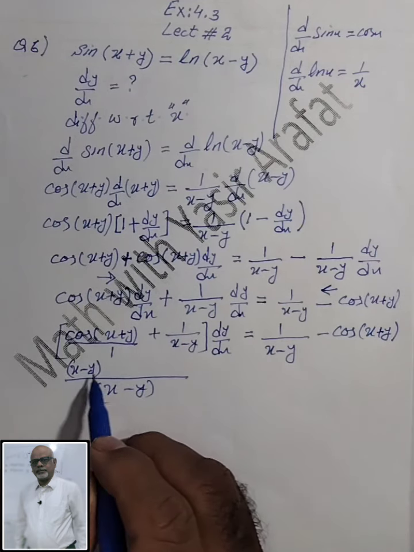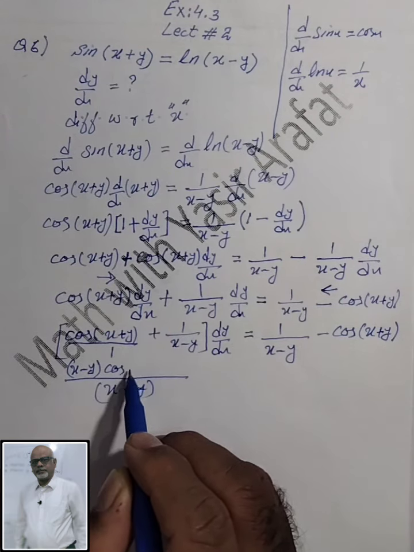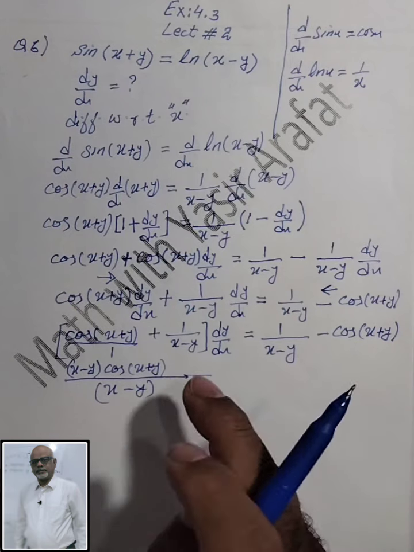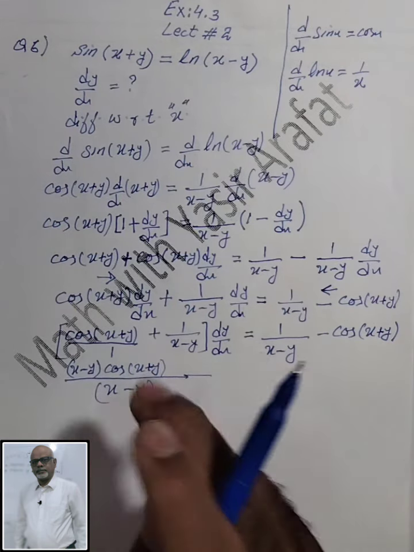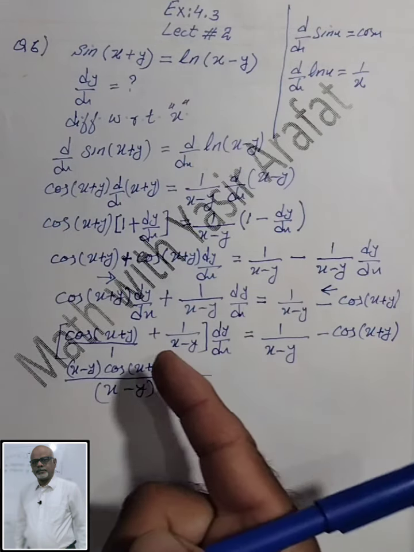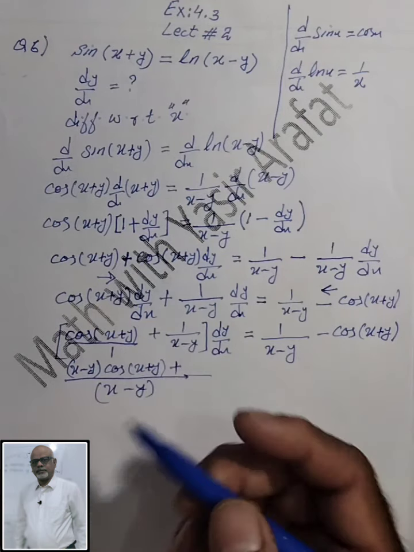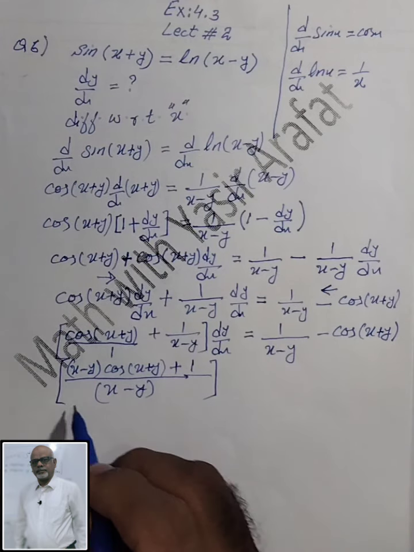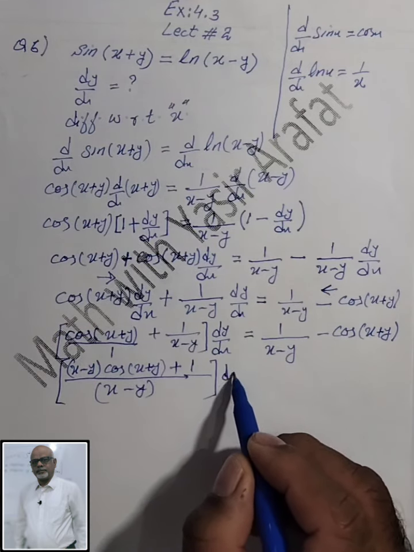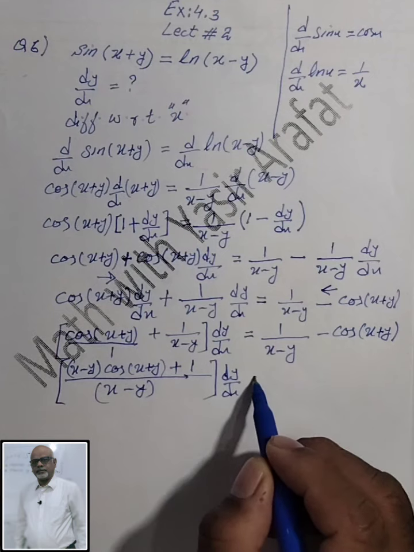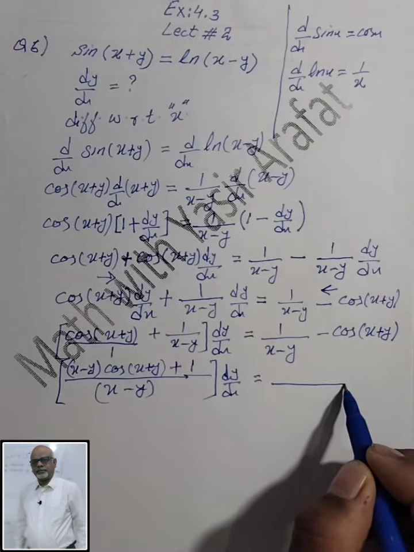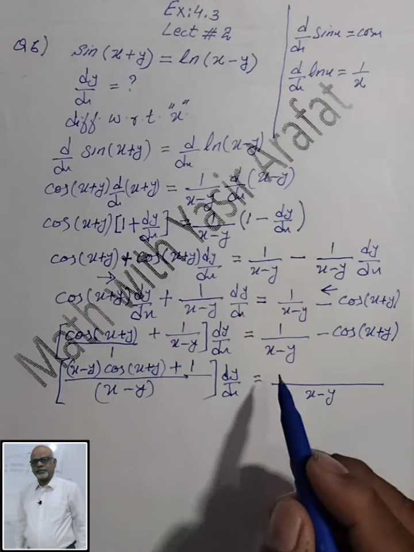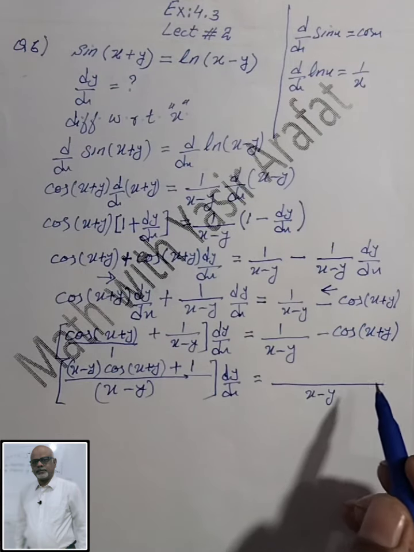So this is (x minus y) into cos of (x plus y). X minus y will multiply by cos(x plus y). This is plus 1 multiplied by 1, which remains the same. This is the LCM of the left hand side, dy over dx equals, and the same procedure we have to use on the right hand side as well.